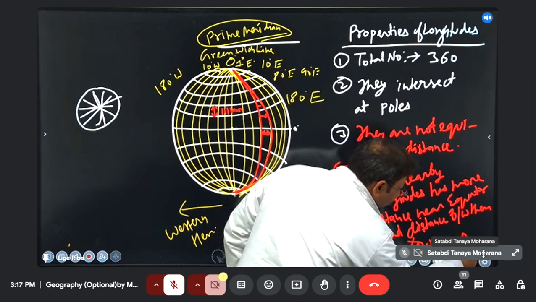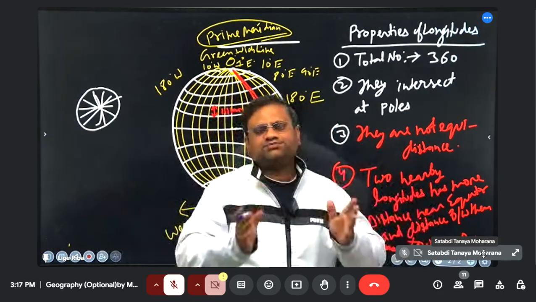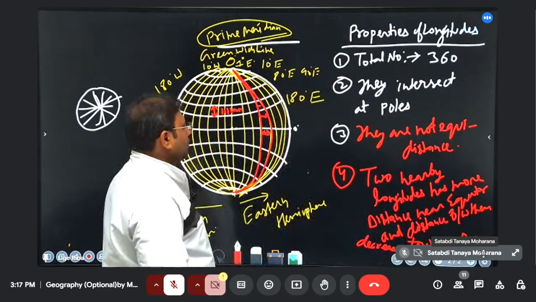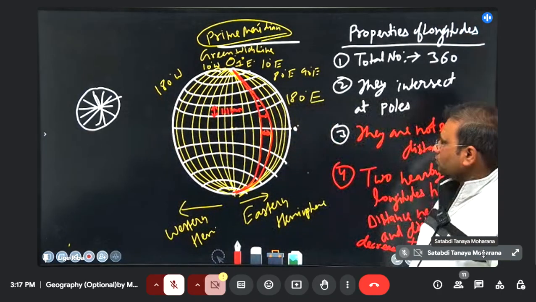So as we move toward the poles, the distance between them gradually decreases. All right, but latitudes are equidistant from each other. Did you get it?